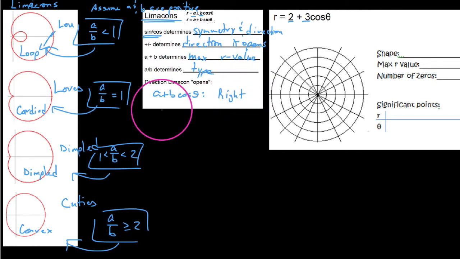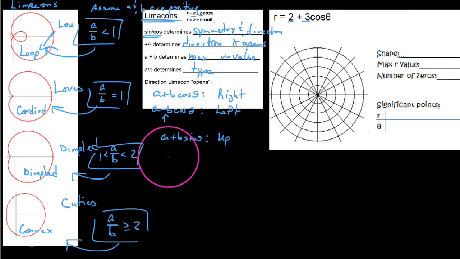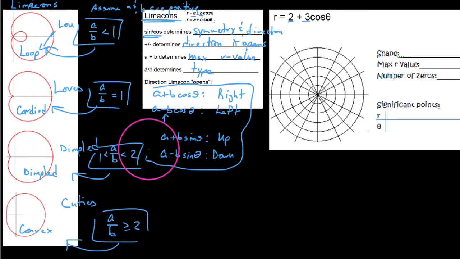If I said a minus b cosine theta, assuming b is positive but we're taking it away, so we have a negative in front of it, this would open to the left. Now if we had a plus b sine theta, because our b value is positive, this would open up, and if we had a minus b sine theta, then we would have something that opens downward, okay? So that's a really good thing to refer to.